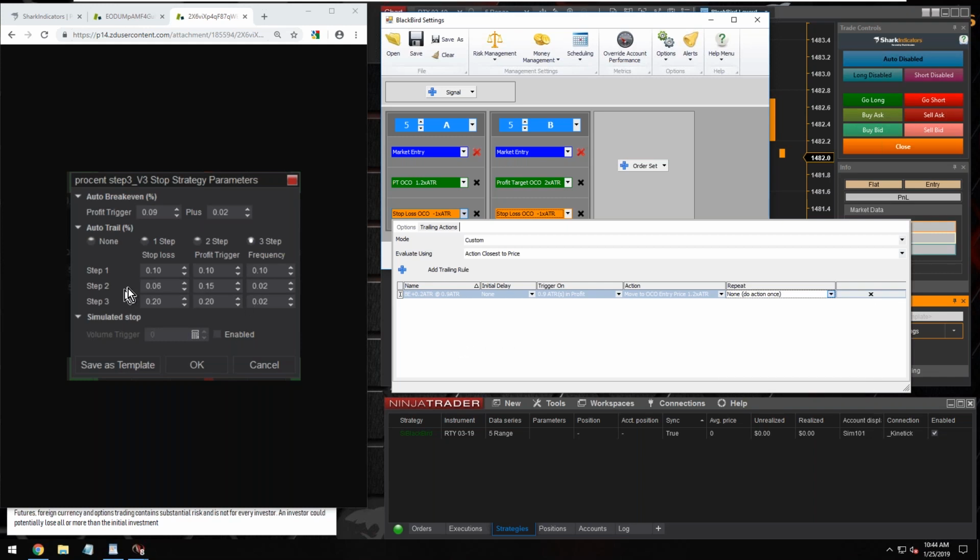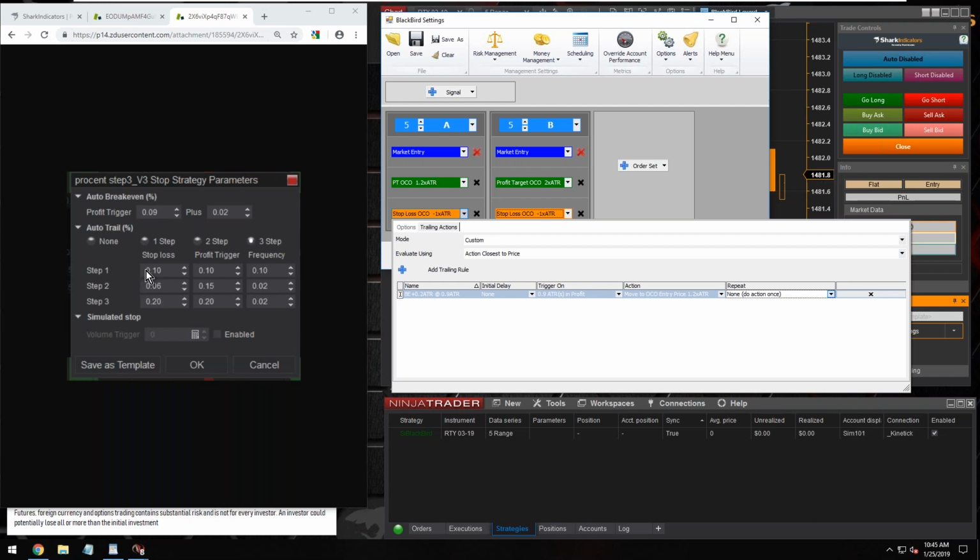Okay, now the next step. Let's start adding in all of these various steps here. All right, so with each step, we're tightening up the stop loss. Oh no, actually step 3 widens the stop loss there. Okay.